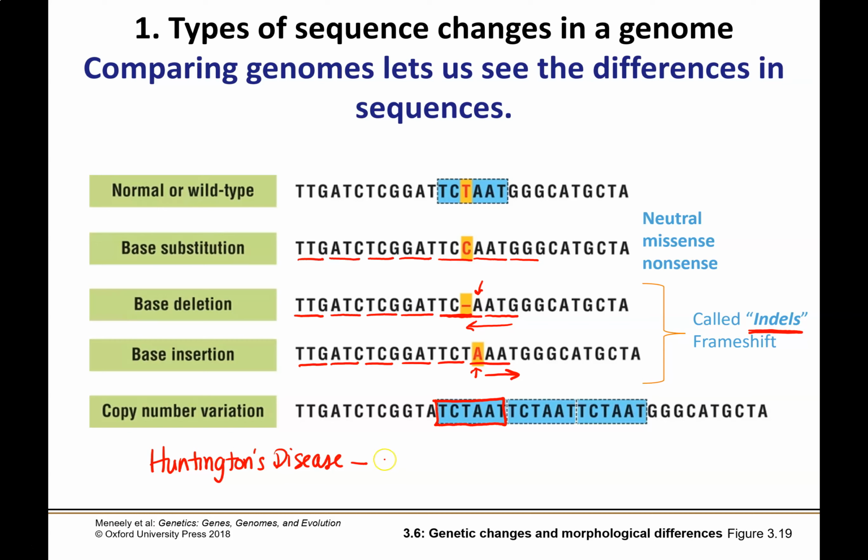And the higher copy number variations in Huntington's disease leads to more severe disorder. Within the gene that causes Huntington's disease, we actually all have a certain copy number variation, but once you hit a certain point, the disease begins to manifest, and the higher number of copy number variations you have, the more severe that disease is.